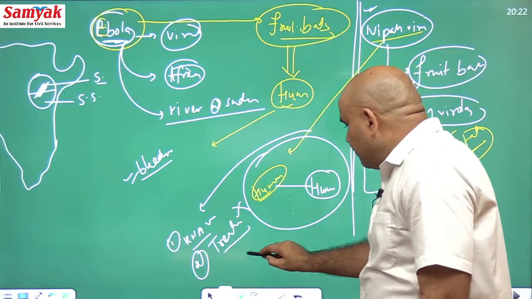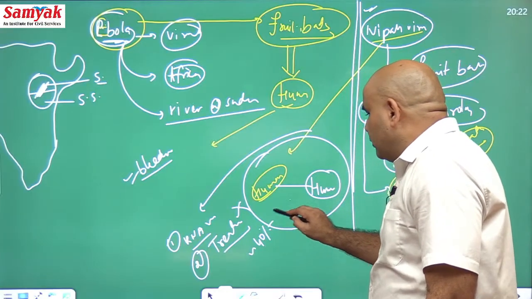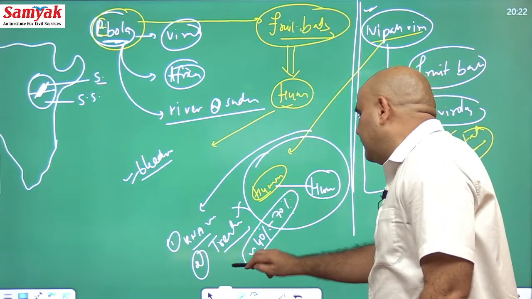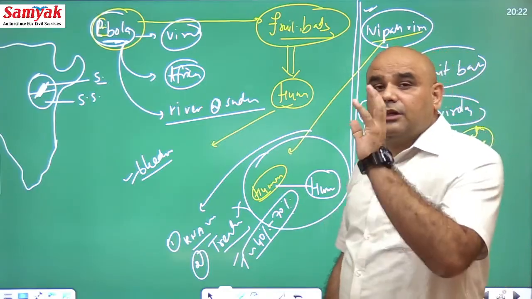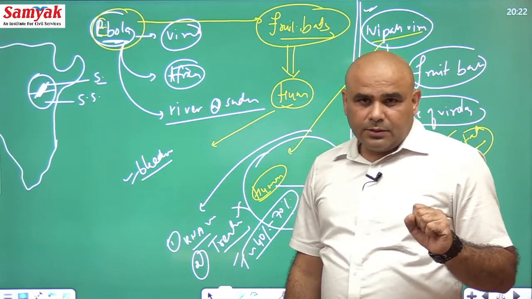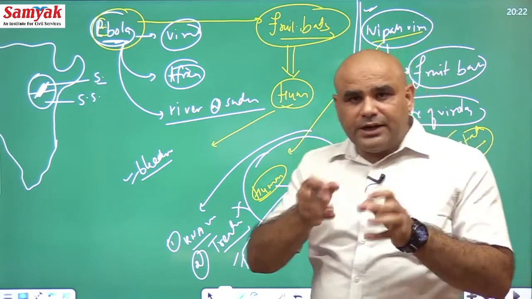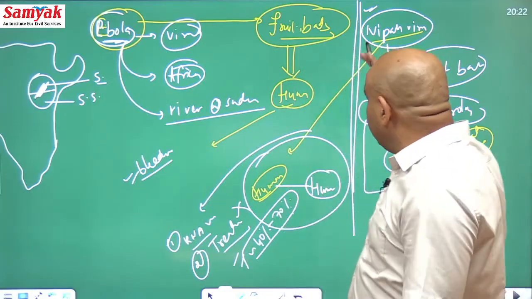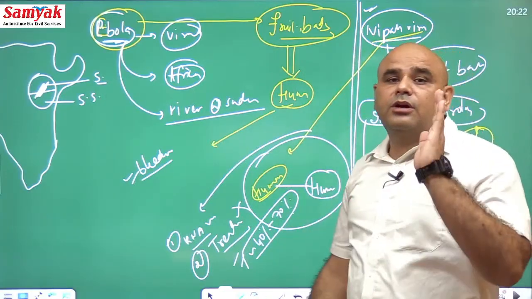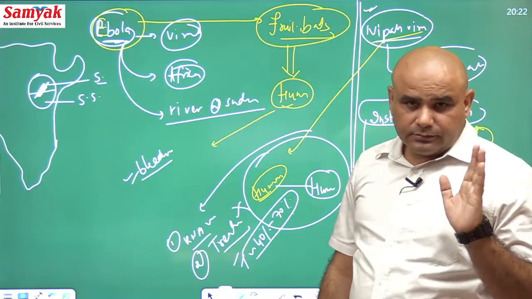That's why the approximately 40% to 70% mortality rate is till today a point of worry for scientists in the case of Nipah. But the good thing is it is not spreading as quickly as COVID was spreading. Why? Because so far Nipah is not an airborne infection.